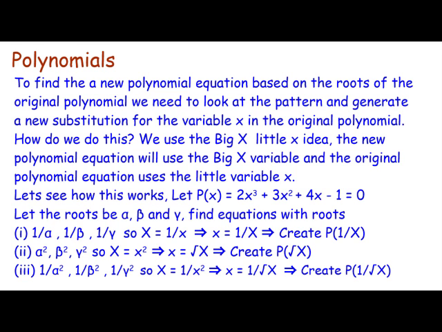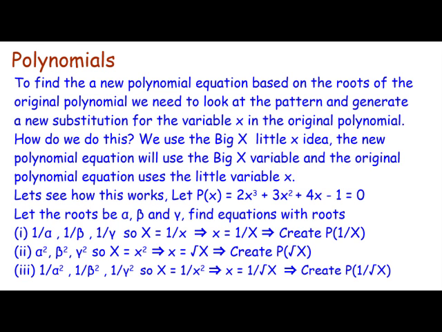I always use what's called the big X, little x idea, where you look at the pattern, like 1 on alpha. I'll just look at the examples down here. We've got this polynomial 2x cubed plus 3x squared plus 4x minus 1. We need to form a new equation with the roots 1 on alpha, 1 on beta, 1 on gamma.